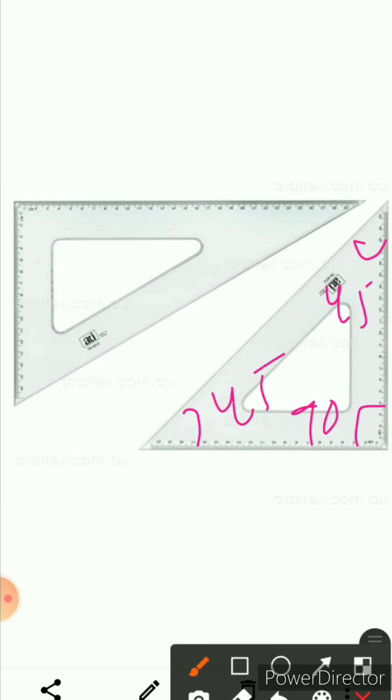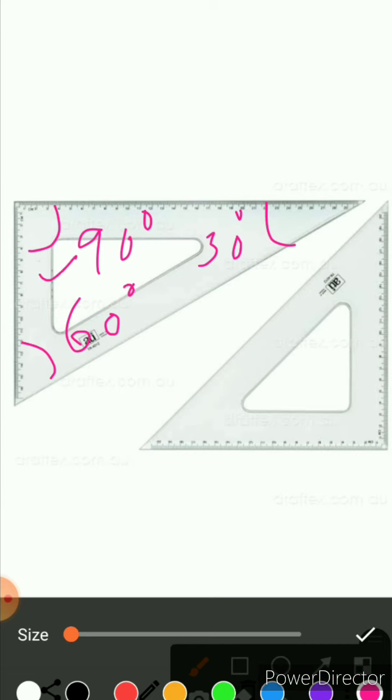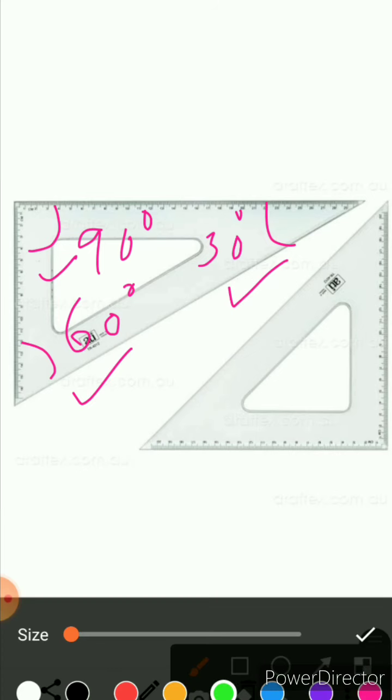So our first set square forms 90, 45, 45 degree angles, and the other set square has 90, 30 and 60. Clear? 90, 60 and 30, and you can check it with the help of a protractor also. Clear? So what are the measures of the angles?